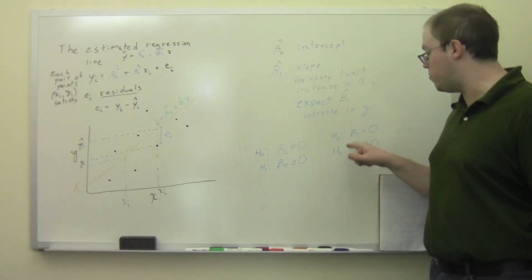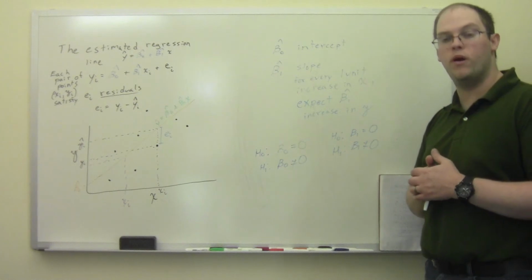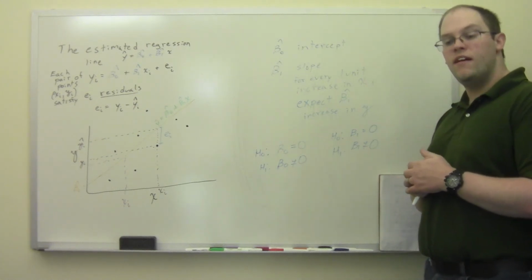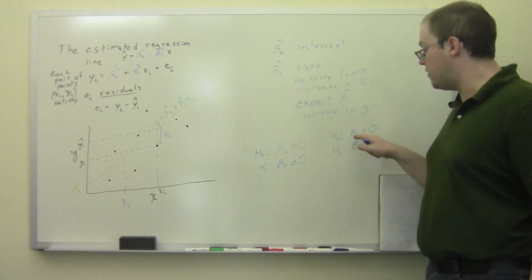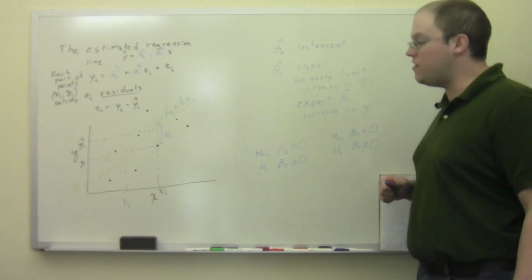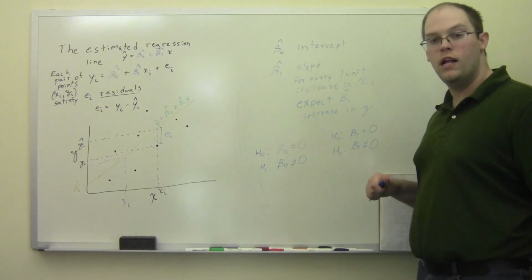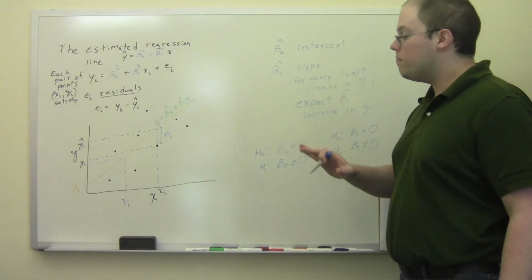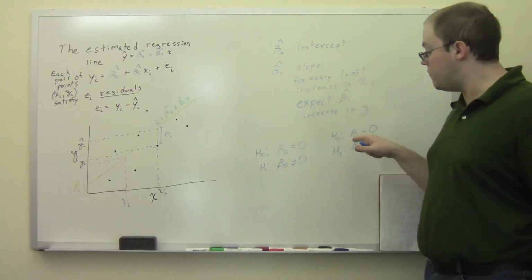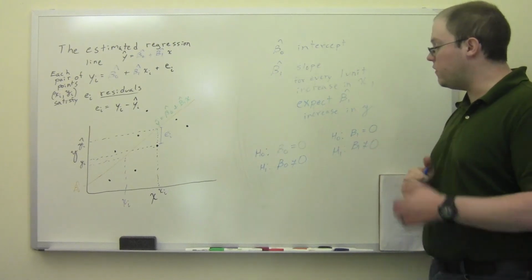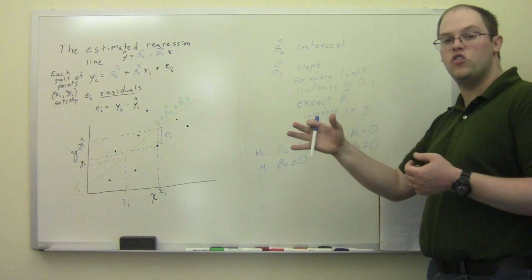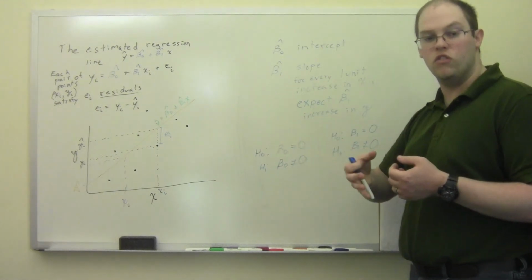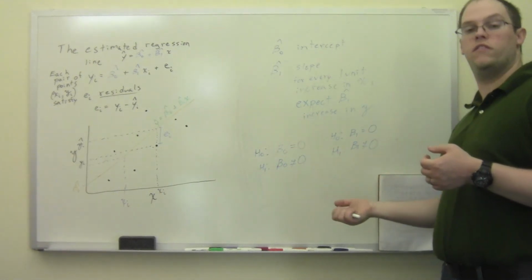If I get a p-value that's pretty high, like 0.4, 0.5, then that's not enough statistically significant evidence that this true coefficient is anything different from 0. That means this whole model is kind of useless. It would essentially say there's no relationship between my predictor and my response.